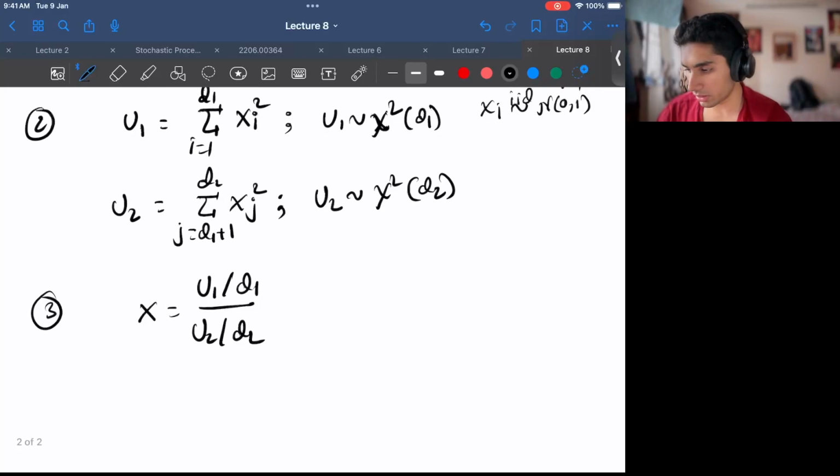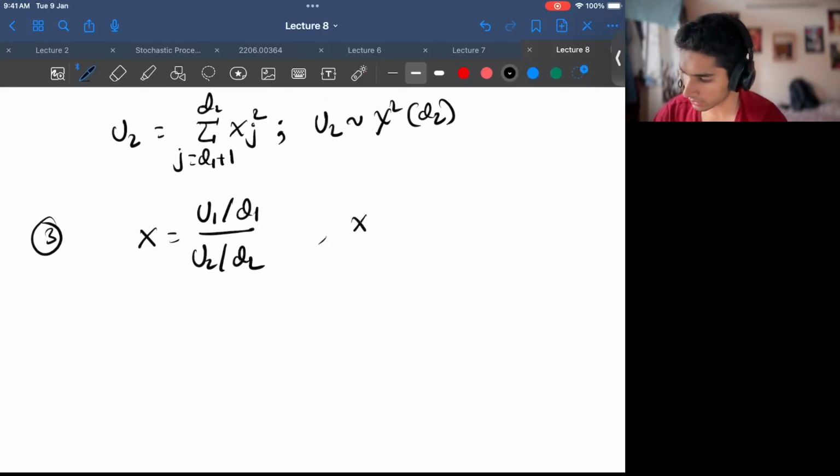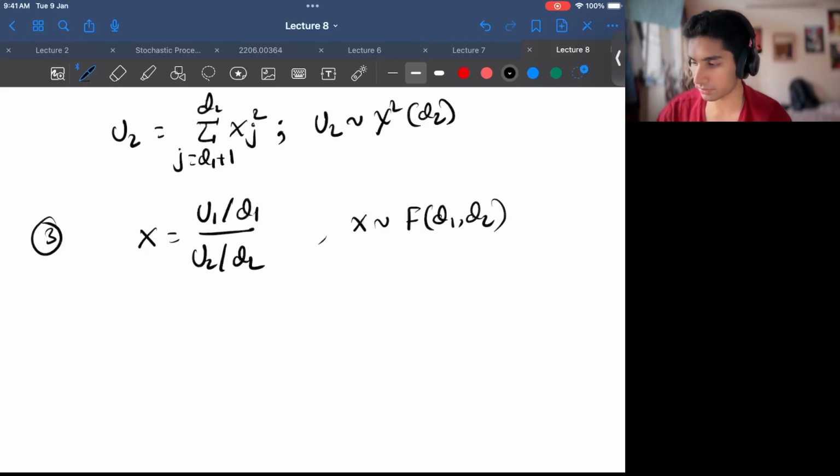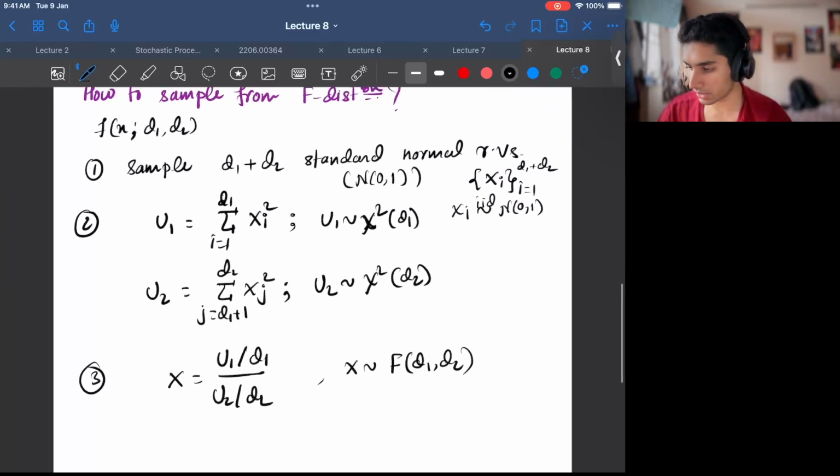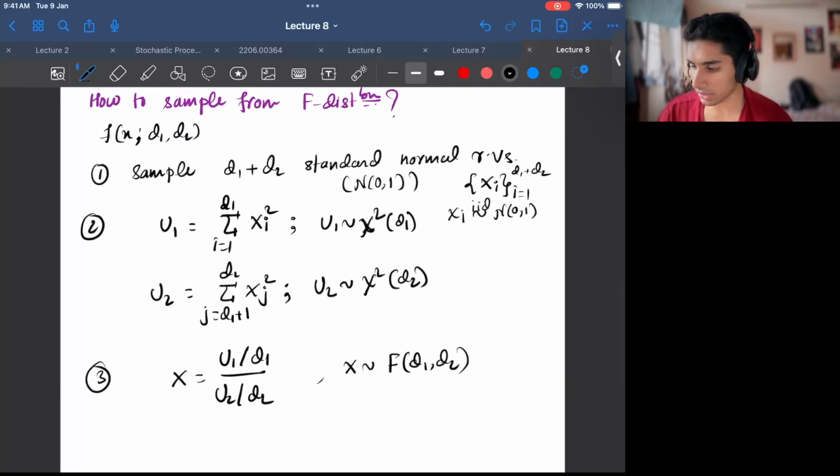If you do this, then x is actually distributed according to the F distribution with parameters d1, comma d2. So this is how you construct a random variable sampled from the F distribution.